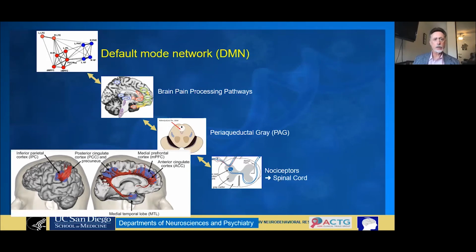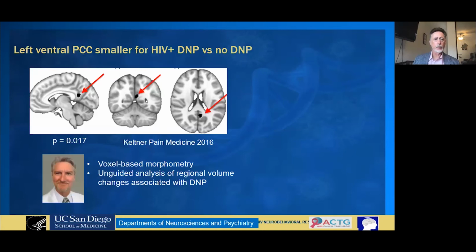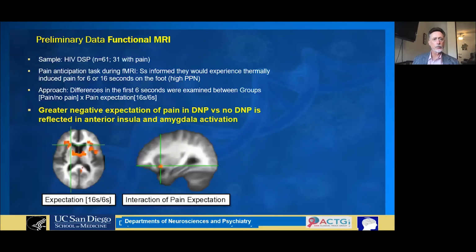So when a person is essentially daydreaming, this system becomes active. My colleague John Keltner has done studies in which he showed that individuals who experienced neuropathic pain had smaller posterior cingulate cortex, the posterior cingulate being one of the components of this default mode network.